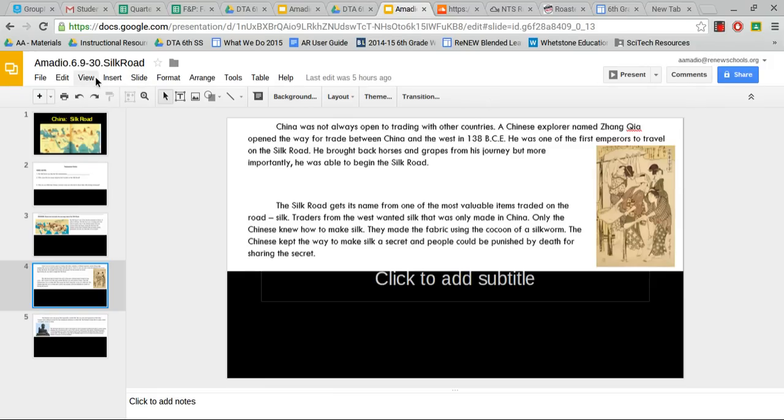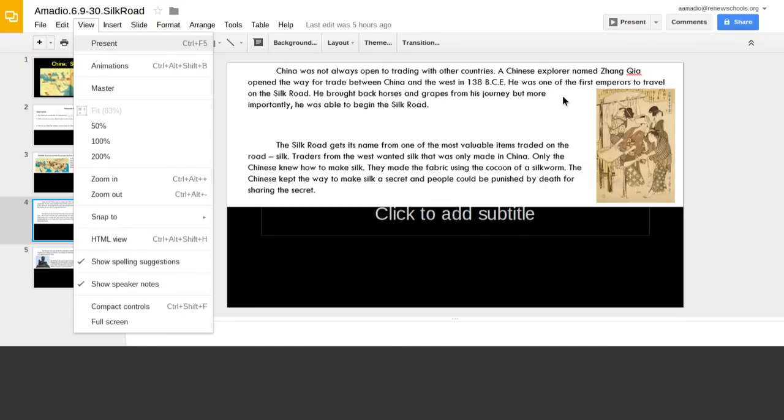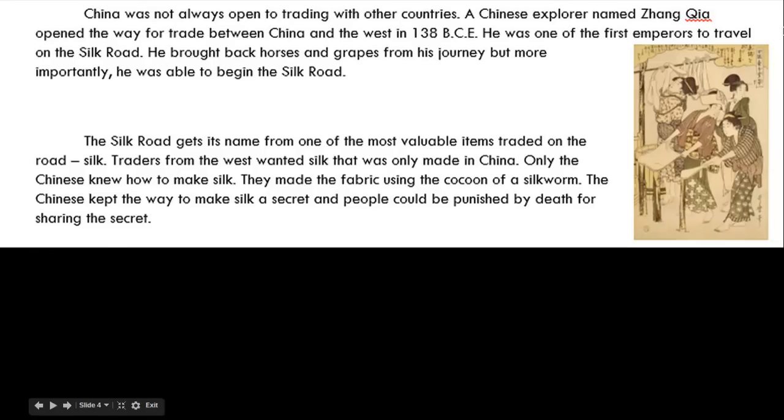A Chinese explorer named Zhang Qi opened the way for trade between China and the West in 138 BCE. He was one of the first emperors to travel on the Silk Road. He brought back horses and grapes from his journey, but more importantly, he was able to begin the Silk Road.